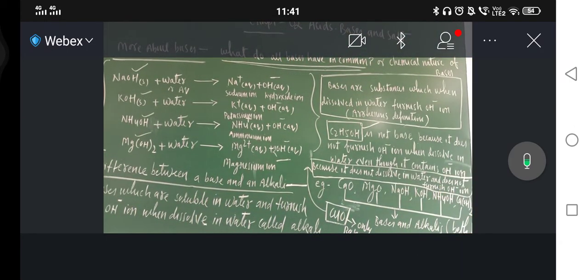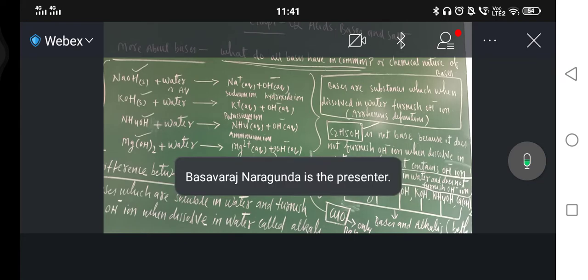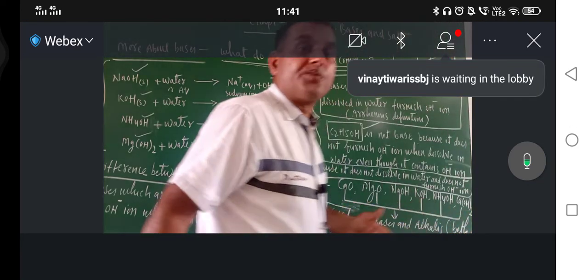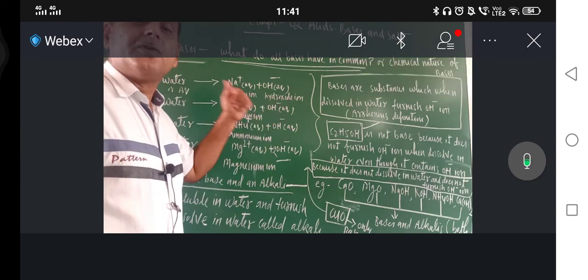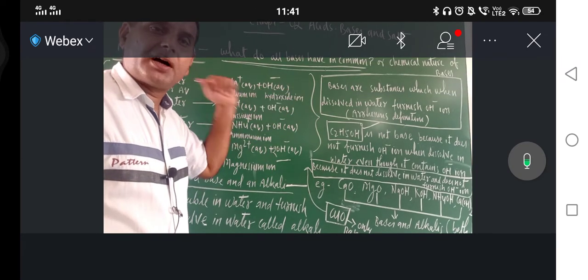So what is common in all bases? Bases are the substances which, when dissolved in water, furnish OH negative ion. And what was common in all acids? Acids were the substances which furnish H positive ion when dissolved in water.